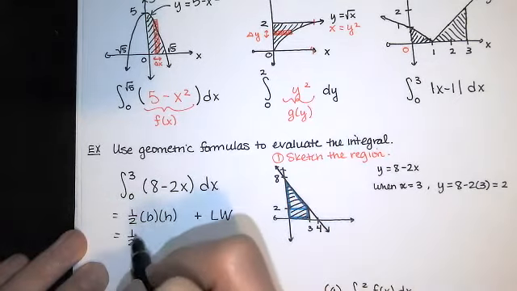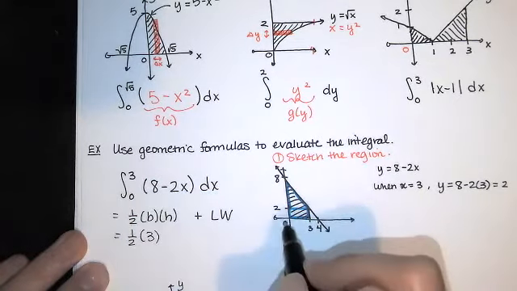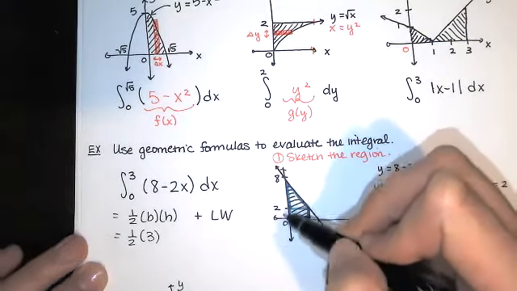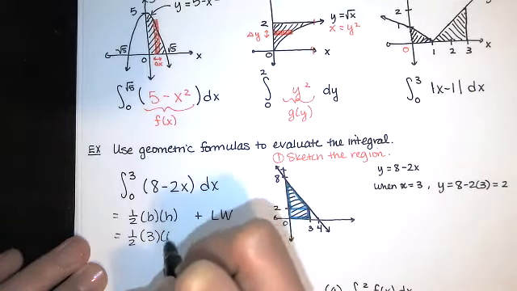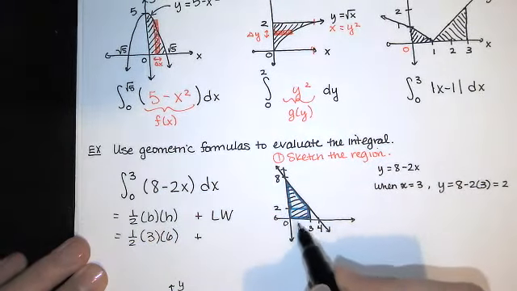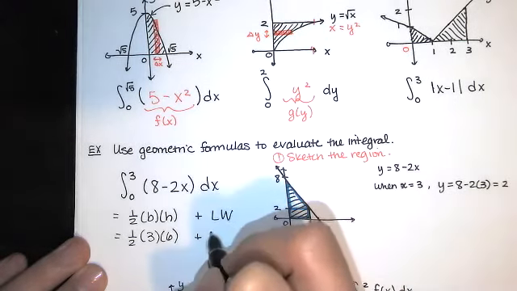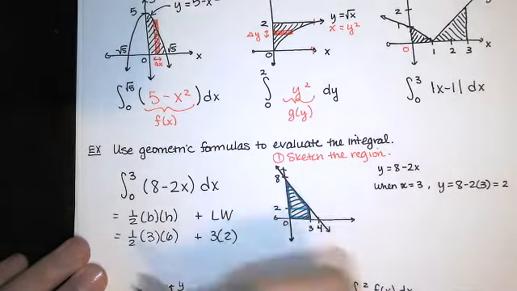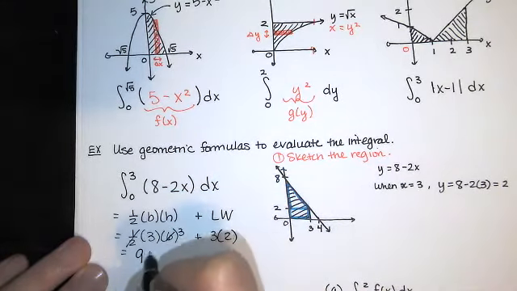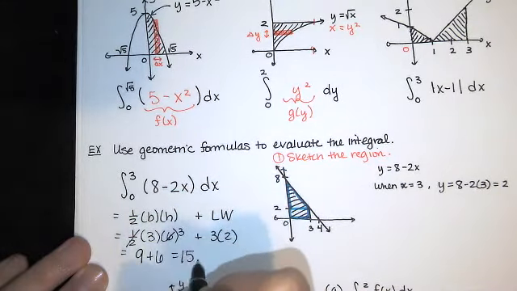Now the base is 3, because we're going from 0 to 3. And the height is 8 minus 2, so that's 6. And then over here for that little rectangle, we get 3 times 2. And then you just add. 2 goes into 6 3 times, so we've got 9 plus 6, which is 15.